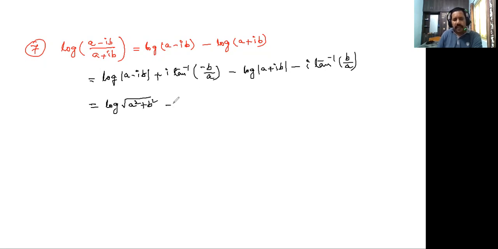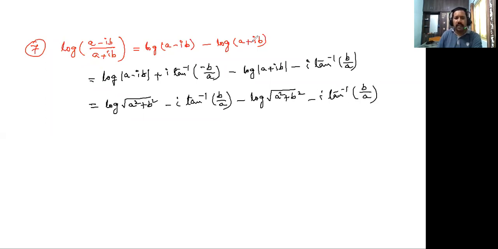Tan inverse of minus theta is minus tan inverse x. So this is i tan inverse b by a, minus logarithm of mod (a plus ib), that is under root a square plus b square, minus i into tan inverse b by a.